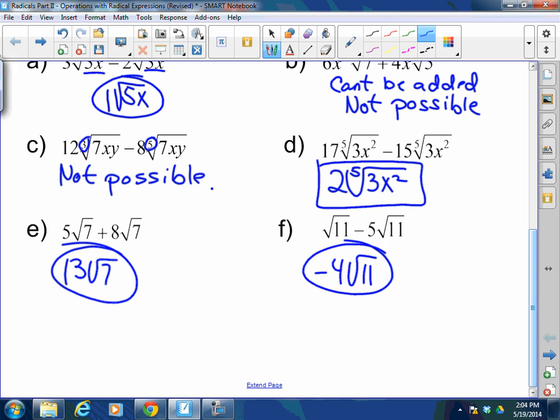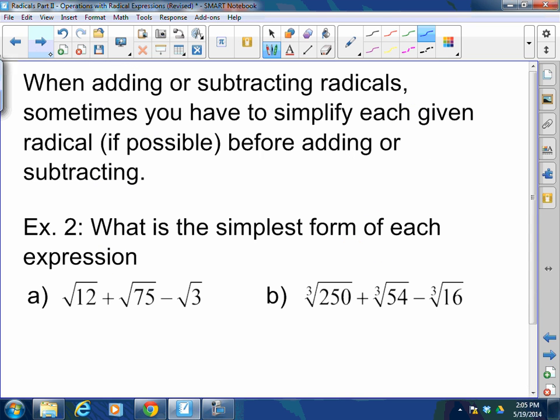Pretty simple, right? Okay. Now I'm going to tweak it a little bit. Guys, when adding or subtracting radicals, sometimes, not always, but sometimes you have to simplify each of the given radicals, if possible, before adding or subtracting.